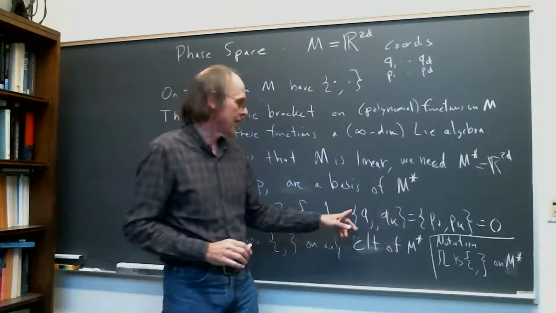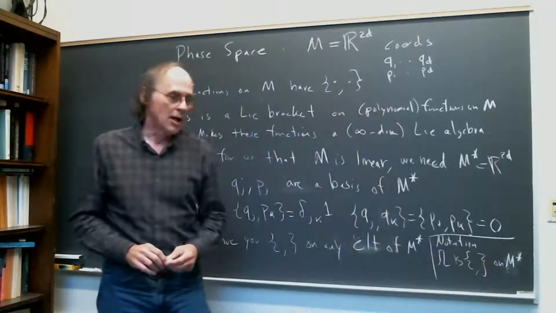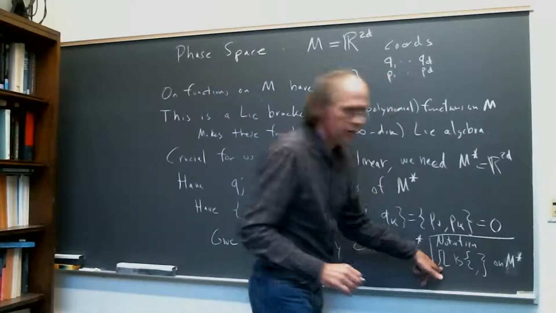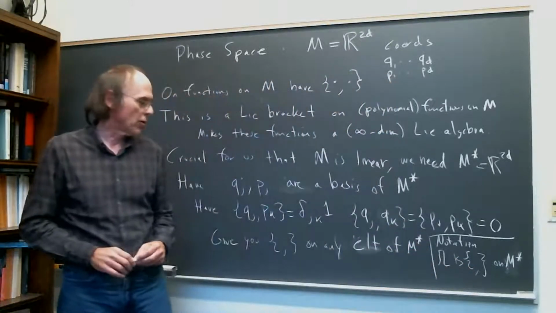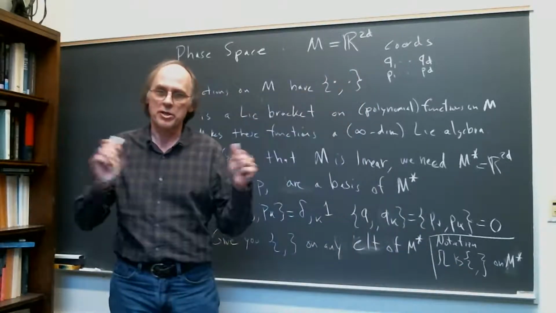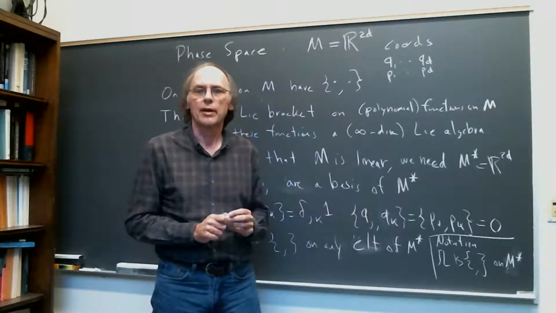It now becomes a bilinear form on the dual space to M, and I'll call that bilinear form omega sometimes. But all I really need when I write down omega is the Poisson bracket, and we're just using it on the linear functions.